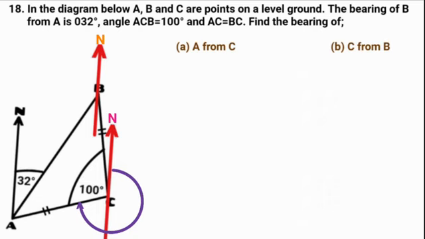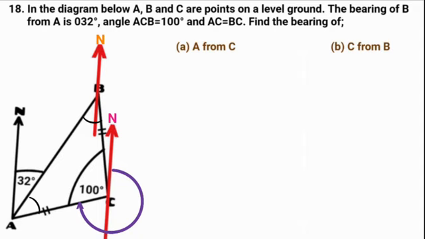So these two angles I've marked in black are equal. We know that the sum of interior angles of a triangle is equal to 180 degrees.